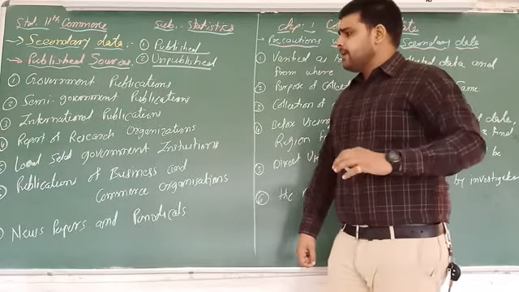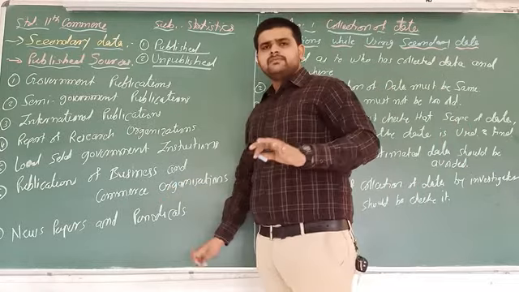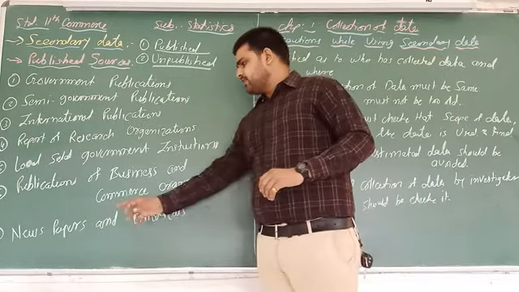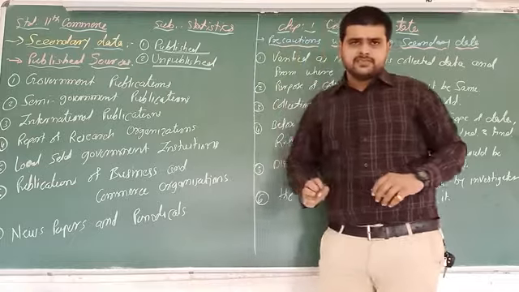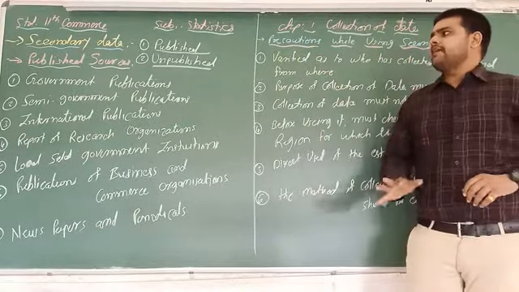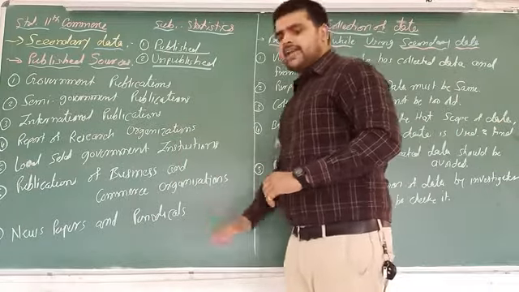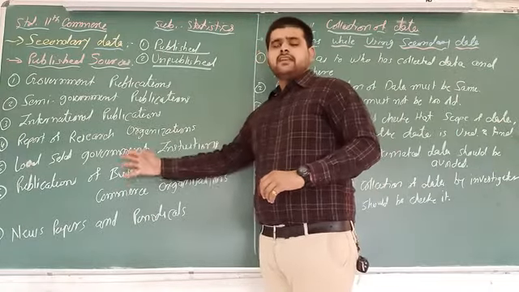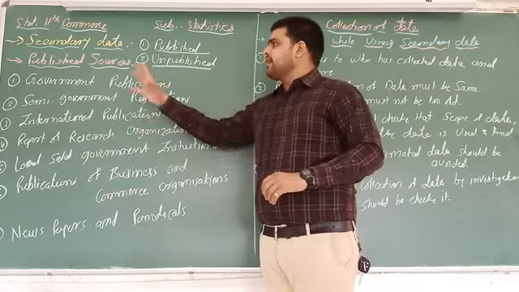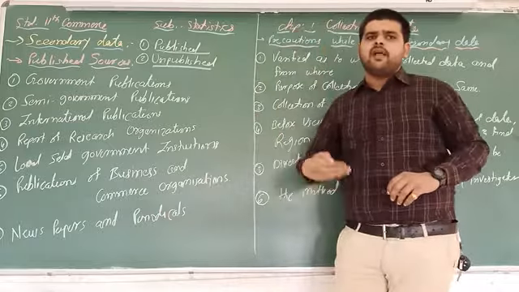Number 6, publications of business and commerce organizations. And last, number 7, newspapers and periodicals. So here, 7 different types are there to get secondary data from a published source. Now we discuss all the points one by one.